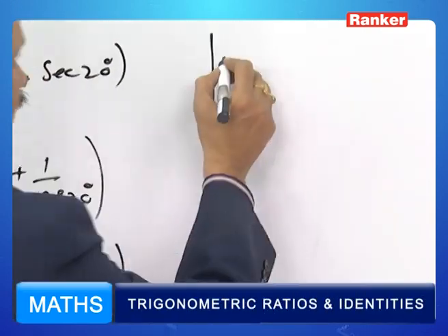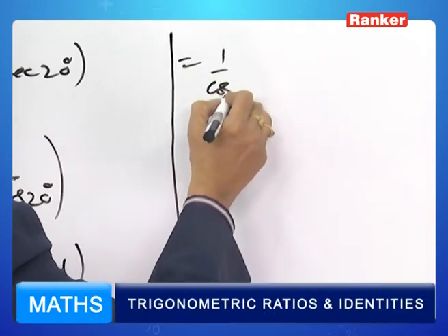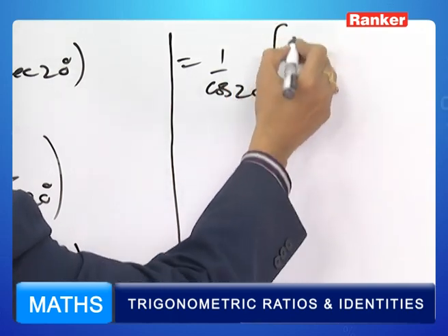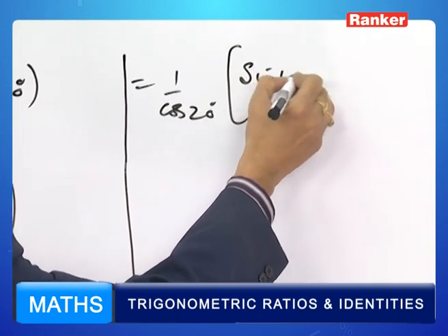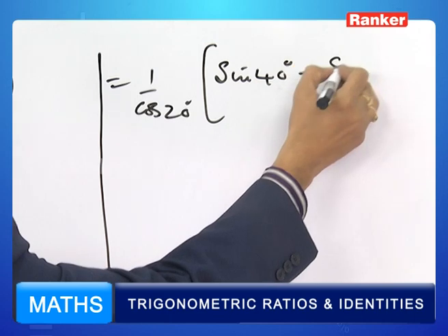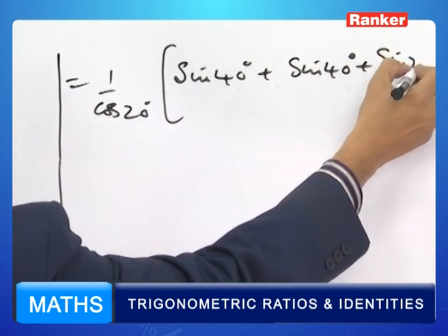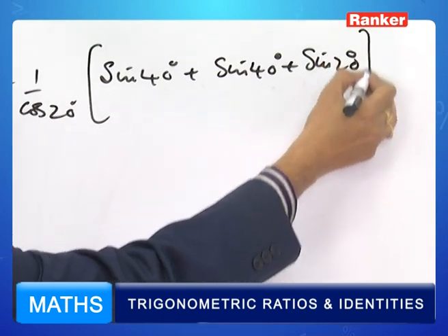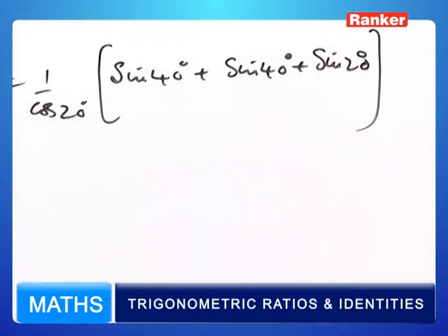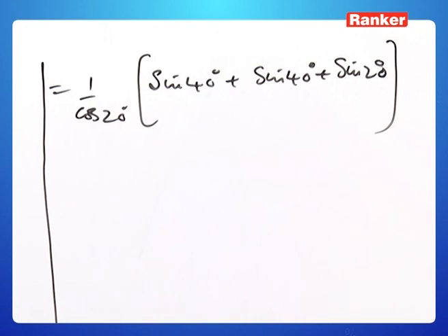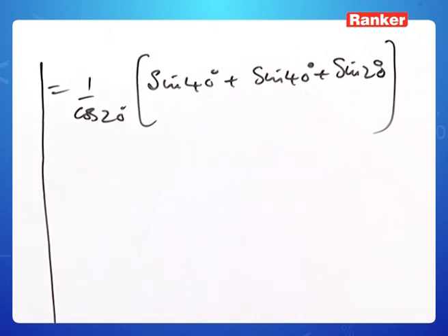This is equal to 1 by cos 20 degrees into sin 40 degrees plus sin 40 degrees plus sin 20 degrees. I have distributed this 2 sin 40 as 1 sin 40 plus sin 40.